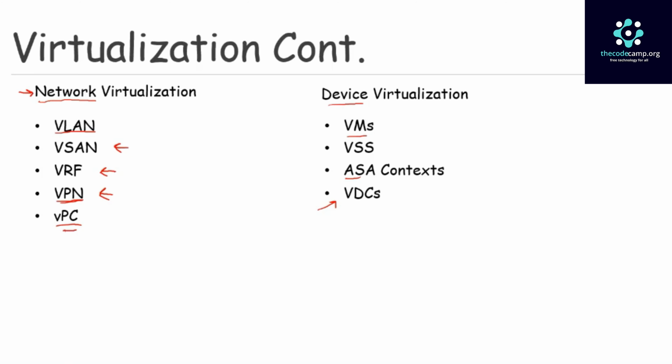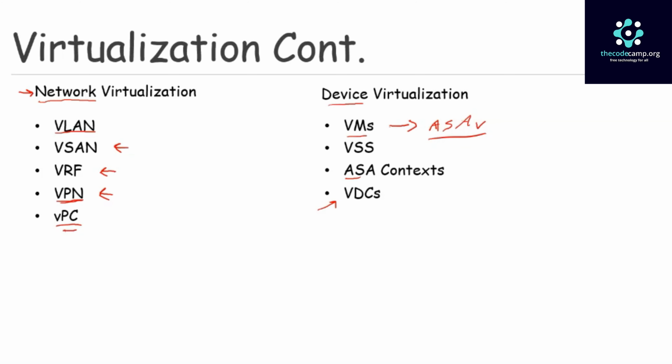Now, something I did want to mention briefly with virtual machines is that Cisco and other networking vendors do provide virtual machines of their appliances that work on generic hardware. You can get an ASA-V, which is a virtual ASA that runs on generic hardware.